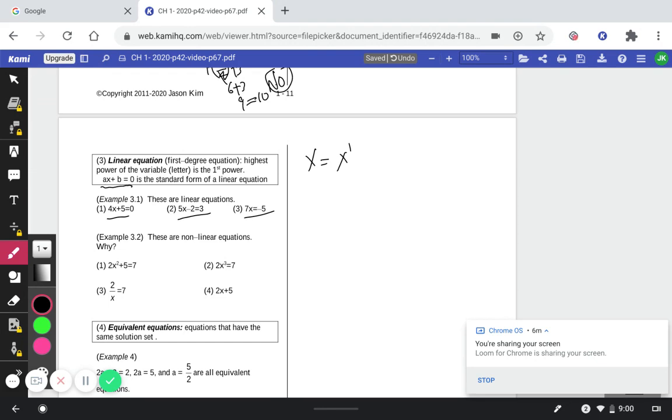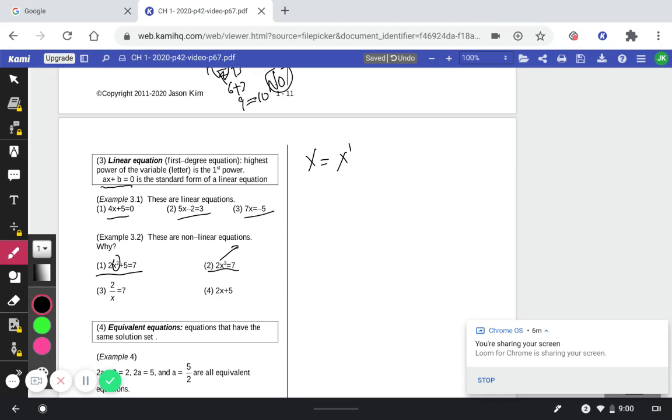And in example 3.2, these are not linear equations. Why? Number 1 is not a linear equation because you have x squared. Number 2 is not linear because x has a third power. 2 over x equals 7 is not a linear equation because x is in the denominator. x cannot be in a denominator.